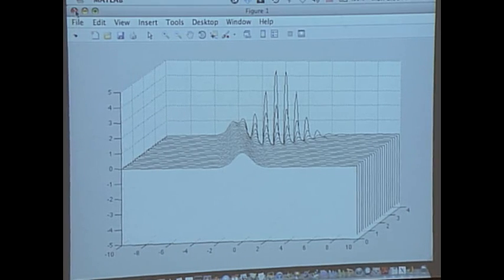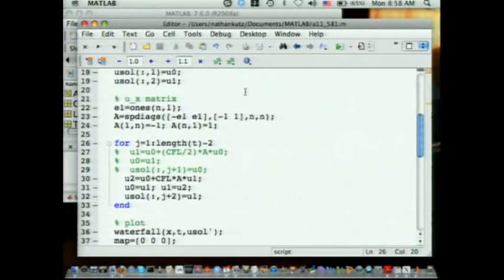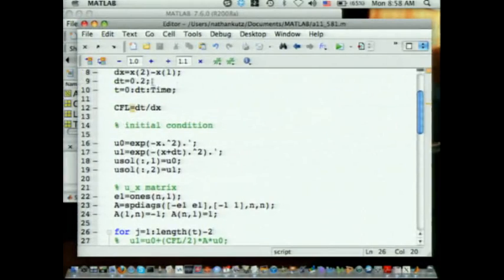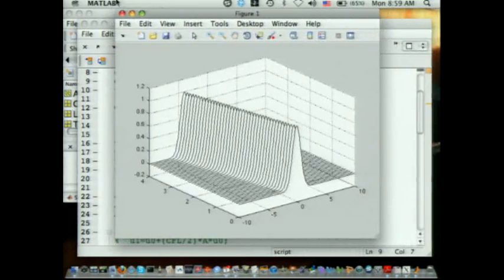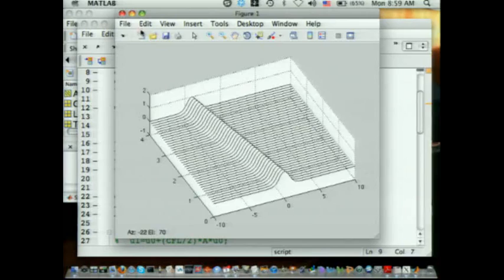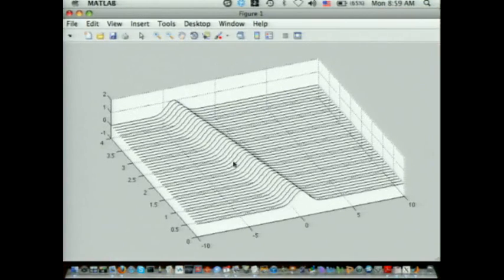And now, remember the CFL here was 2. This thing should, in theory, work if it was 1. So all I'm going to do is cut my dt in half. Oh, look at that. This I know is correct because, in fact, it's the exact solution. There you go. Wave traveling to the left. One-way wave equation.